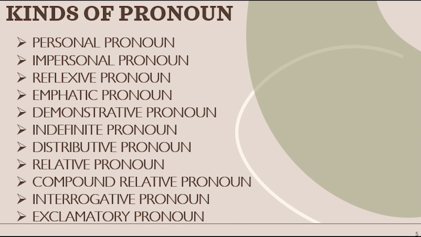Now these relative pronouns also have cases: nominative case, genitive case, and accusative case. In the nominative case, singular and plural are the same, like who. In the genitive case we use whose, and in the accusative case we use who or whom. For example, this is a boy who works hard.